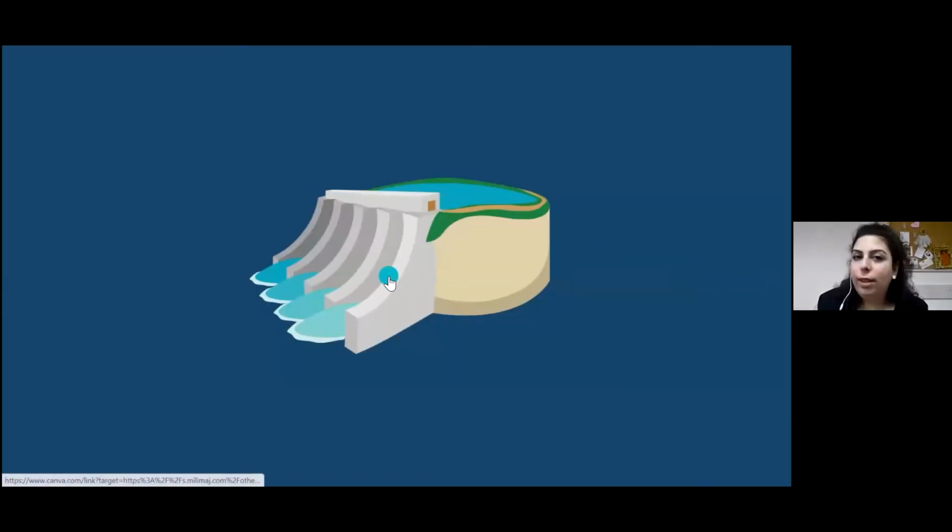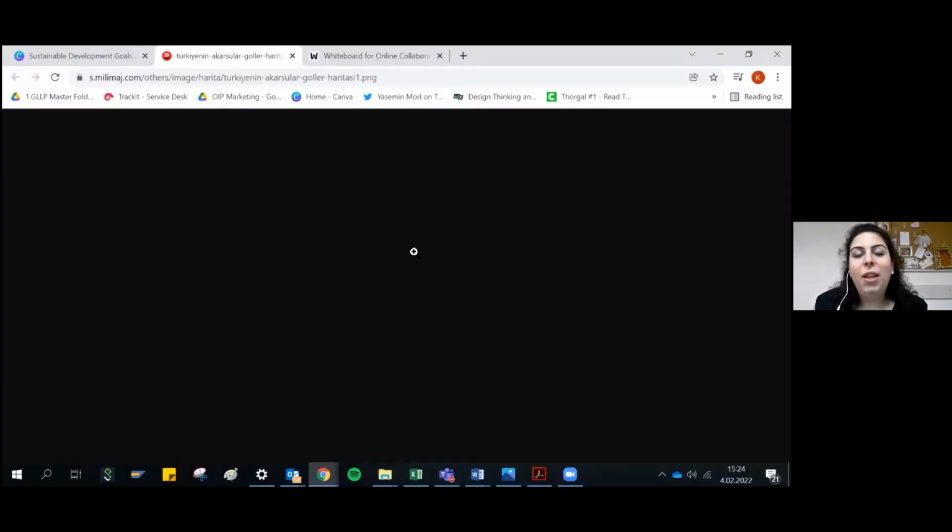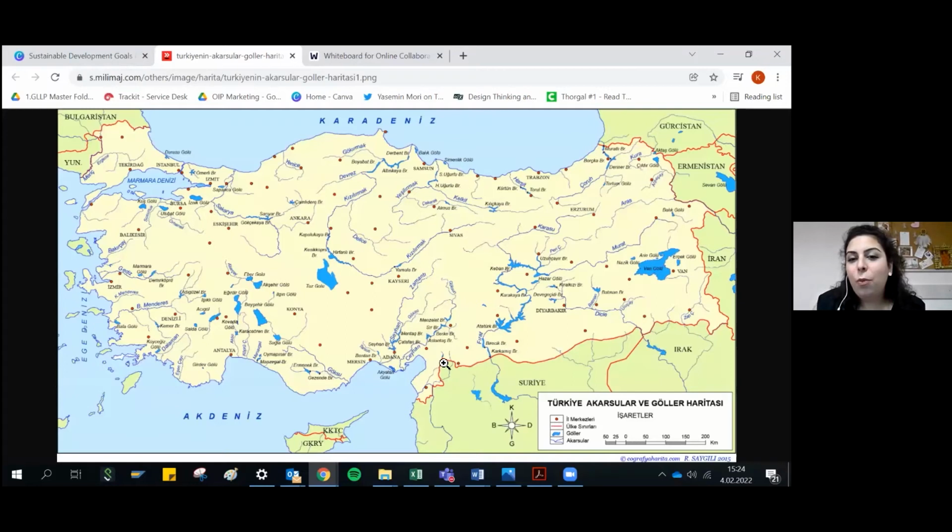This is a water dam, and I'm always fascinated by the fake lines of the countries on the globe. You know, environment doesn't have boundaries. And while I'm telling you this, the water dams, you know the idea of the water dams, right?